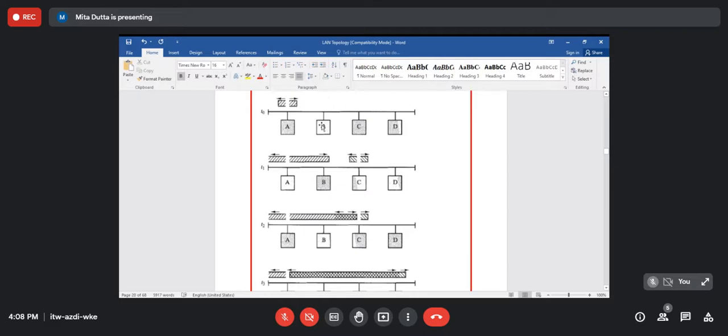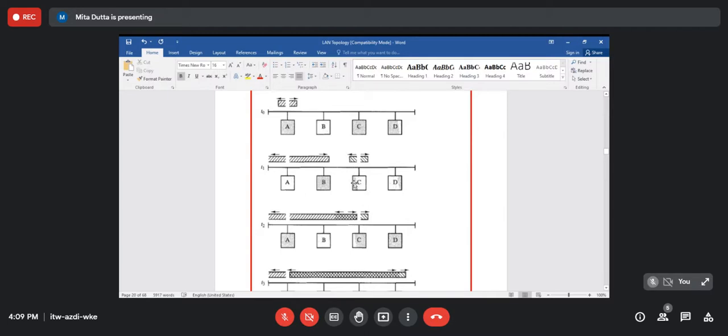Now when B senses the medium, it finds the medium is busy, because during time t1 the signal propagates and comes nearer to B. So when it senses the medium, it finds that the medium is busy, so it will not transmit.